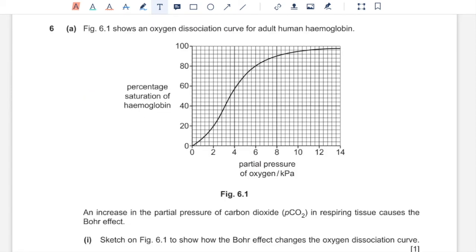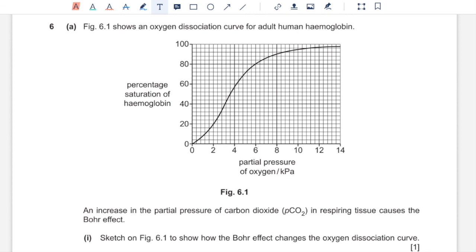6a. Figure 6.1 shows an oxygen dissociation curve for adult human hemoglobin. An increase in partial pressure of carbon dioxide in respiring tissue causes the Bohr effect, which would shift the oxygen dissociation curve to the right of this curve in the question. Sketch on figure 6.1 to show how the Bohr effect changes the oxygen dissociation curve.